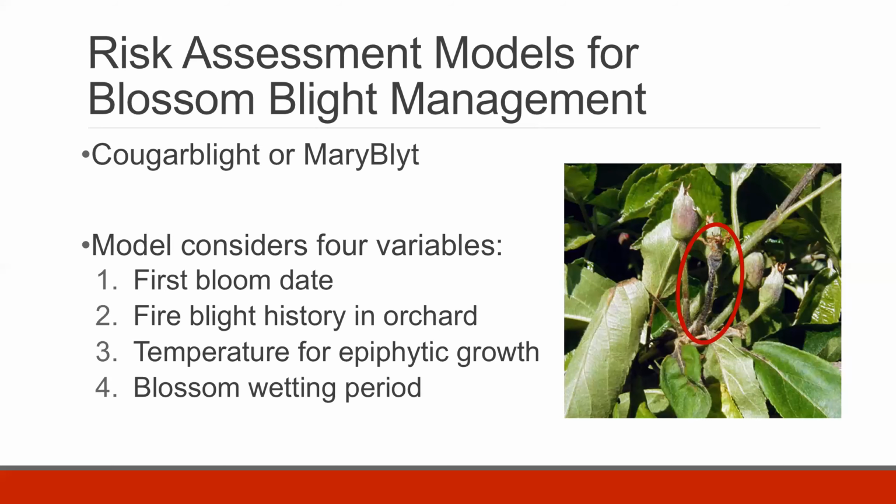And then the third one is temperatures, and the temperatures that are used to predict when epiphytic populations are at levels that would cause infection. And if you remember from our previous lecture, that would be levels of 10 to the 4 cells or higher. And then blossom wetting period is also considered. And we'll go over these 4 in a little bit more detail.